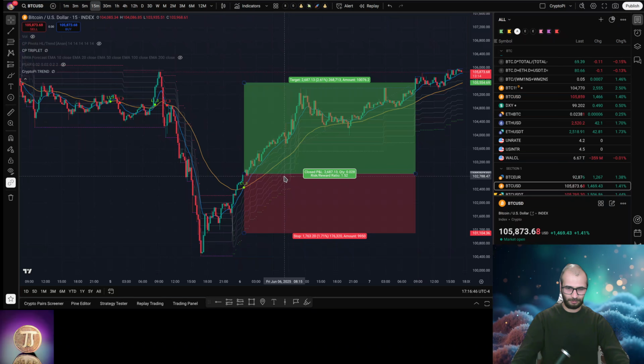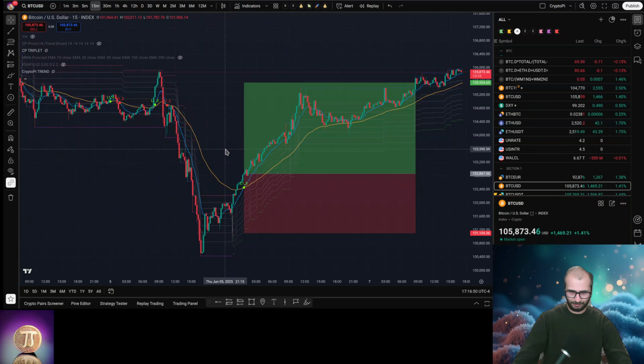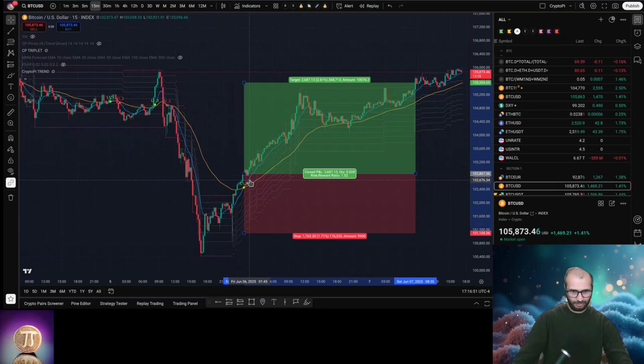One will stop looking at their account every other minute. I know what my position size is. I know if the trade goes against my calculations, I know exactly how much I will lose. And if my calculations are right, if the trade goes in the direction of my calculations, I will also know exactly how much my profit will be.